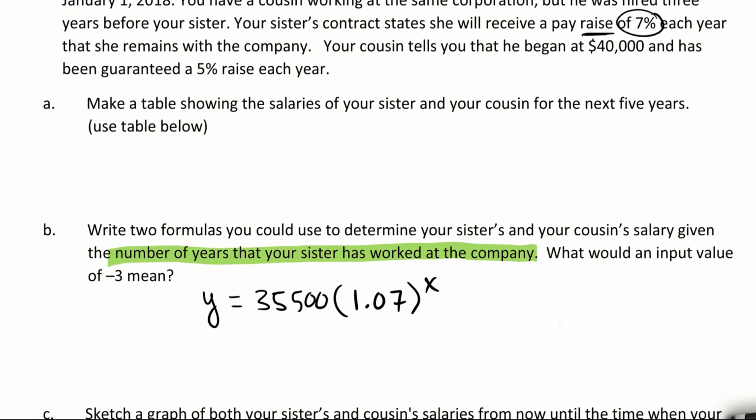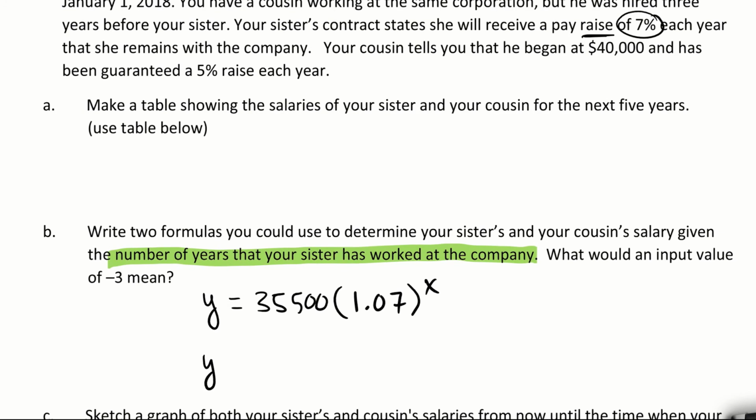Let's write the equation for your cousin. So that is y equals, starting at $40,000, and then we're going to multiply here by 1.05. Now, remember, x represents the number of years that the sister has worked at the company, but your cousin has worked at this company longer. He's been there for 3 years before she came.